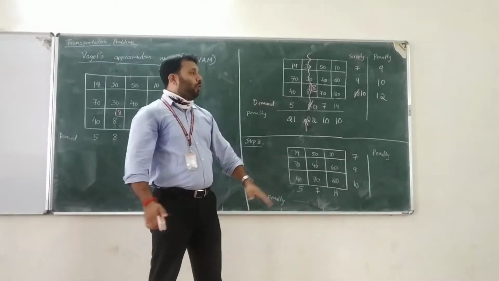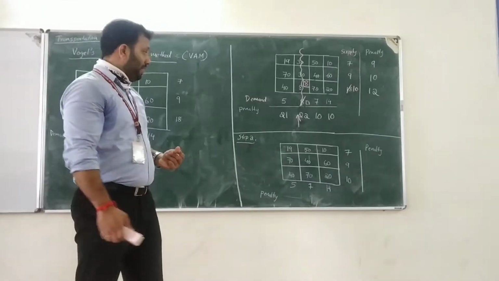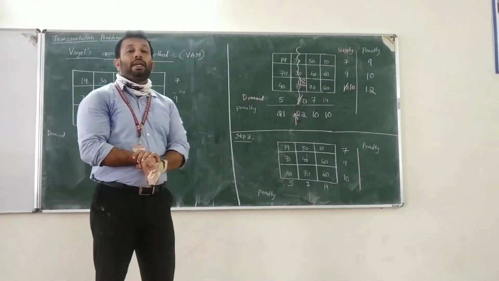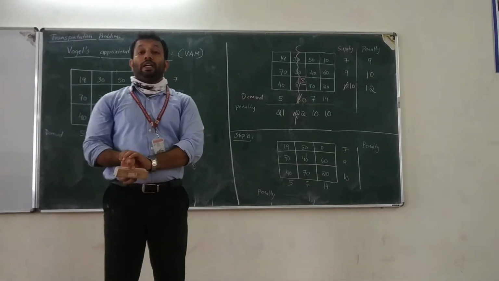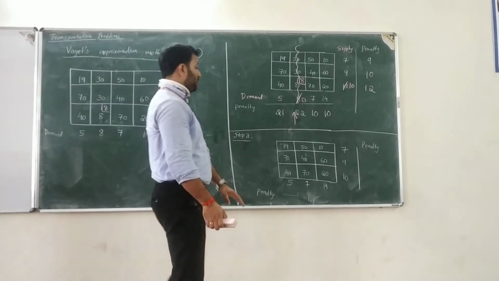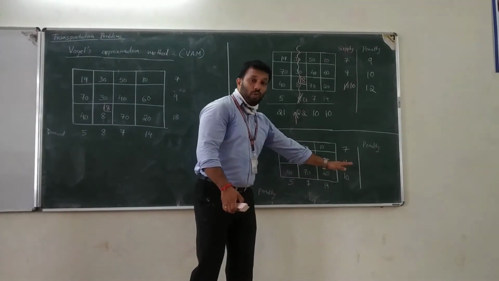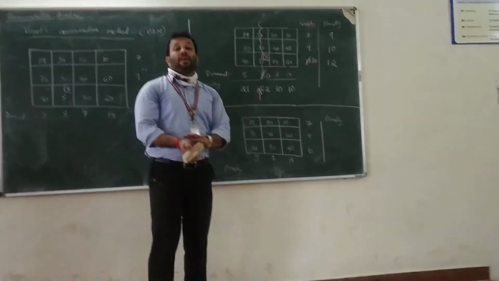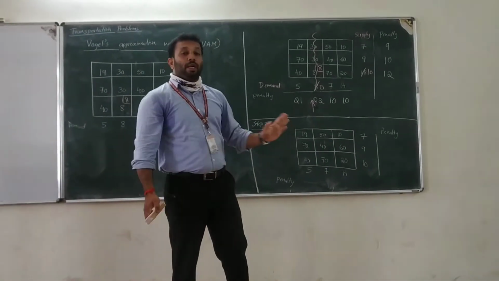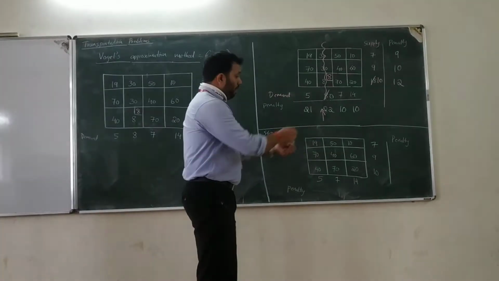Again we have to follow the same procedure: find the penalties, select the highest penalty position, in the column or in the row, and identify the minimum cost in that particular column or row.